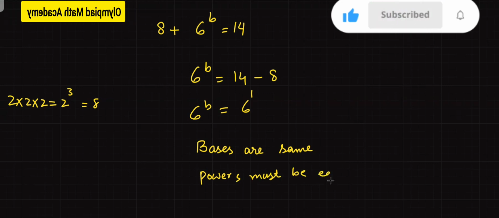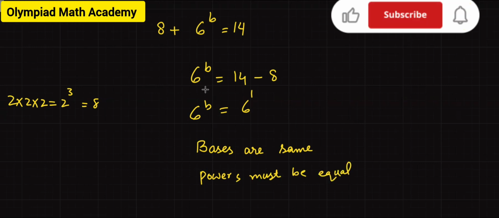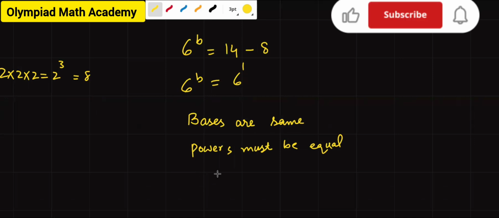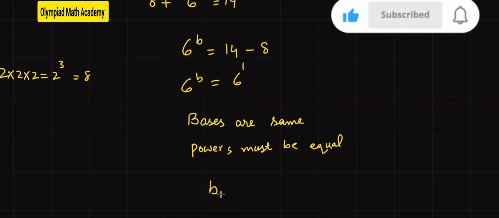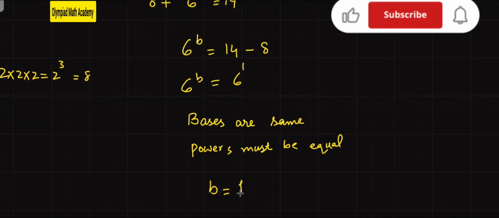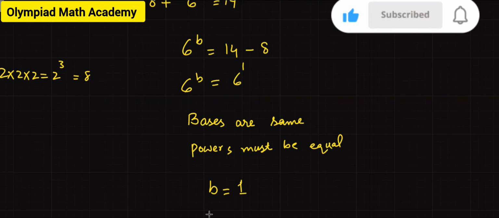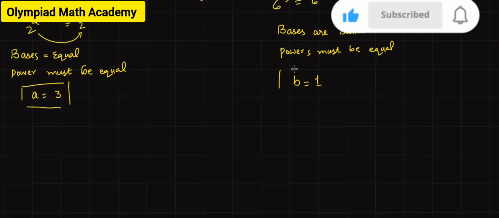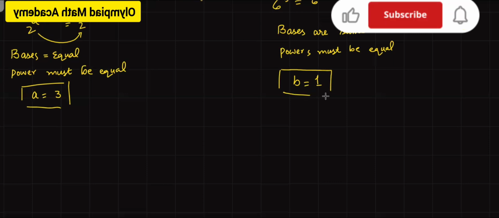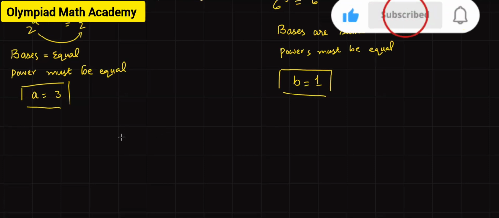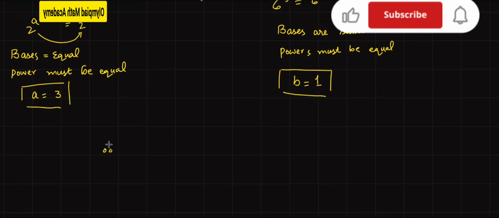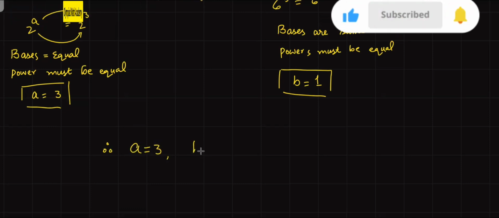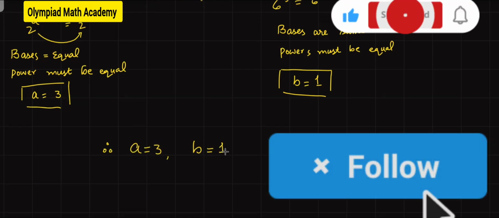So now look here, the bases are same, so it means the powers are also equal, and from here I got that b equals to 1. So from the question we got the answer. The solution for this question is a equals to 3 and b equals to 1.